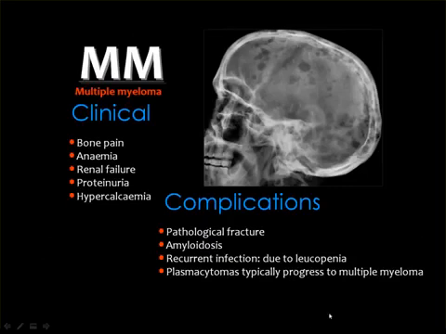Then patients with myeloma may present with pain, anemia, renal failure, proteinuria, and hypercalcemia. The complications of multiple myeloma include pathological fractures, amyloidosis, recurrent infection due to leukopenia, and the plasmacytoma may develop into multiple myeloma.